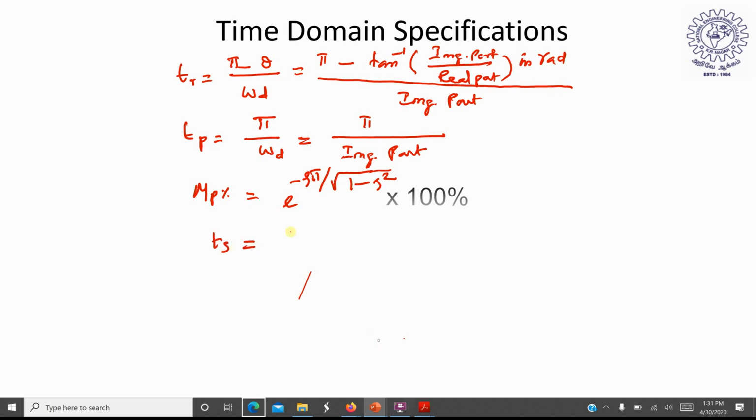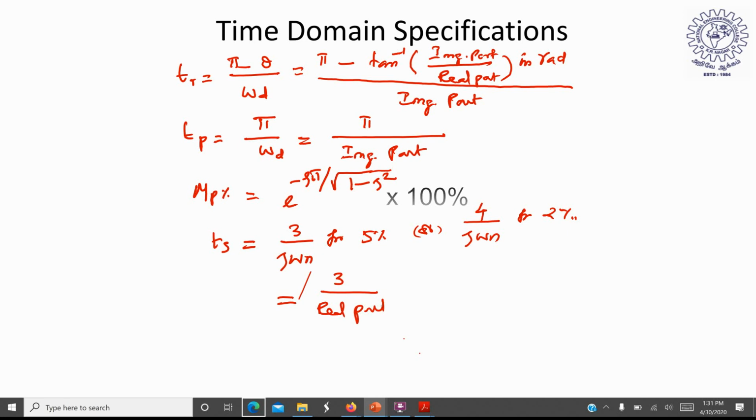That is 3 by zeta omega n for 5% tolerance, or 4 by zeta omega n for 2% error tolerance. Zeta omega n is the real part, so it is 3 divided by the real part, or 4 divided by the real part.